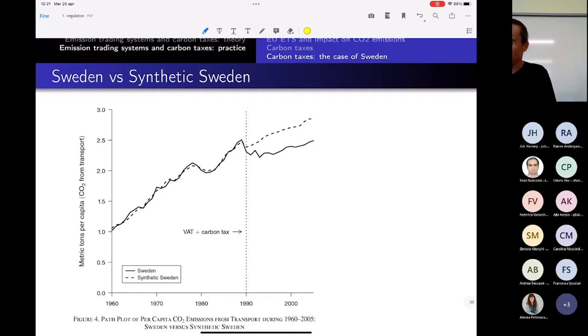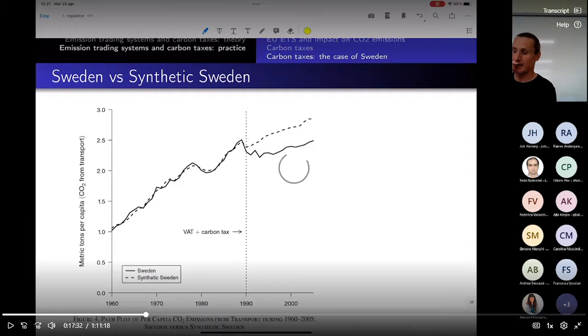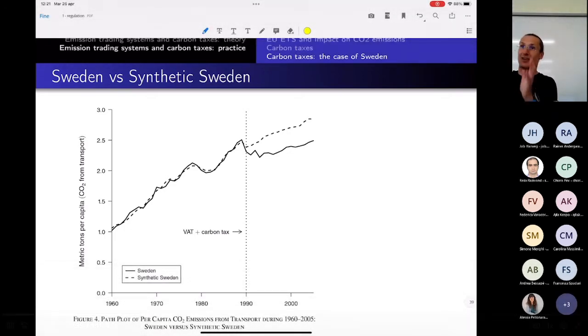Remember, the dashed line here is the synthetic Sweden. I hope you can see the picture. What you would like to do is, first of all, choose countries that have no policies like Sweden's in place pre-treatment. Then, given these countries, you choose weights such that the dashed line is as close as possible to the continuous line.